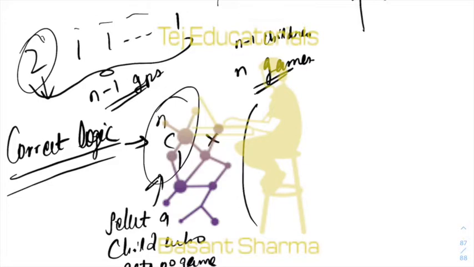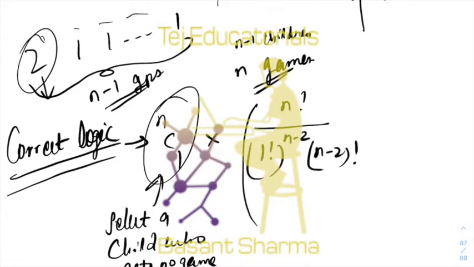So what we will do is, one way of thinking about this is, select a child who gets no game in nC1 ways, then n factorial upon (1 factorial)^(n minus 2) into n minus 2 factorial into 2 factorial. What is this?